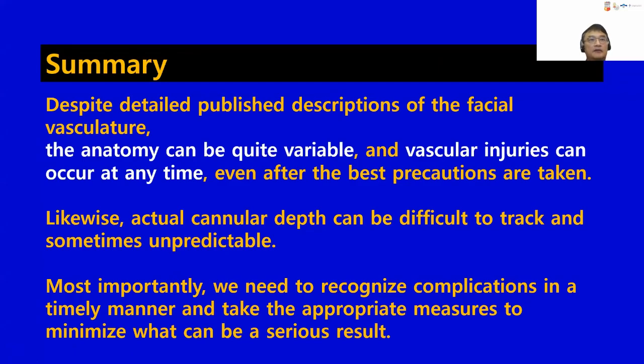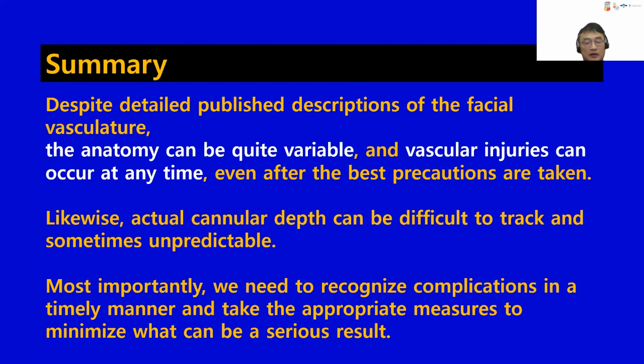Until now, we have talked about the importance of anatomy to prevent the serious complications that can occur with fat grafting. However, despite the detailed published descriptions of the facial vasculature, anatomy can be quite variable.